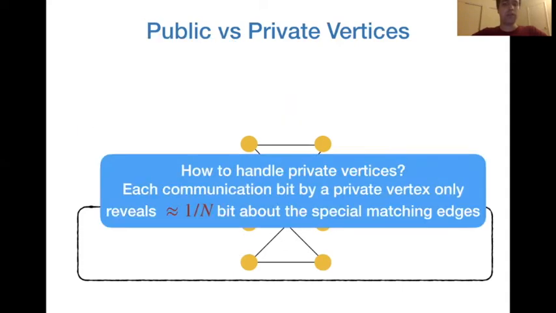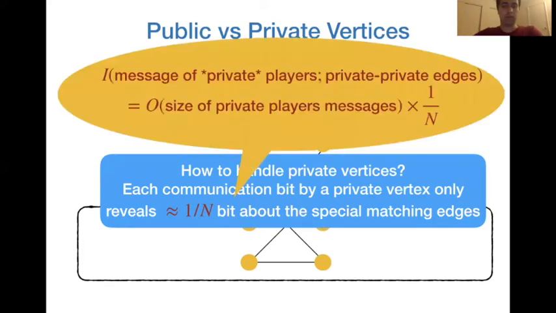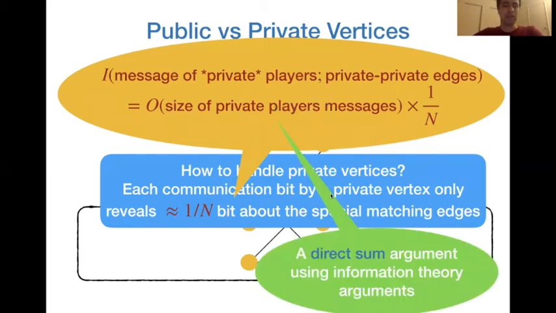And so the way we can handle these private vertices is that we are going to prove that one bit of communication from a private vertex only reveals roughly 1/n bit of information about these private edges. And that's basically in terms of the mutual information. The information they reveal is 1/n smaller than the size of the messages they have. You need to do some work to prove this.